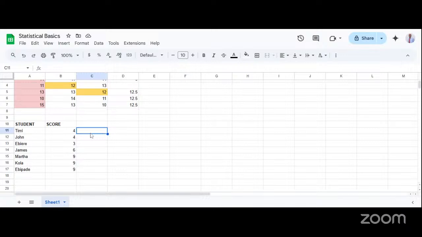So basically what mode is used for is especially context like this. If somebody asked, what's the general performance of the students?